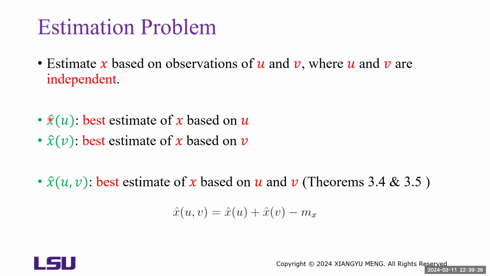Let's use x hat u to denote the best estimate of x based on the observation u, x hat v the best estimate of x based on v, and x hat uv the best estimate of x based on u and v.